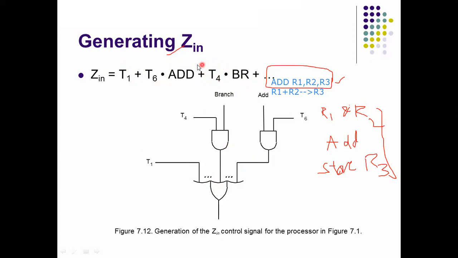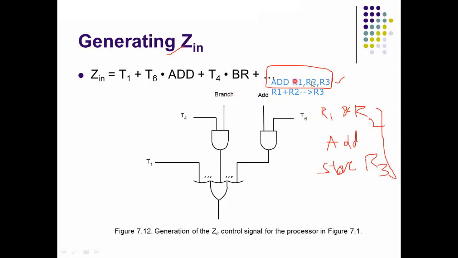These states depend on the instruction. Here we are taking T1, T6, T4 plus and so on. Why do we say and so on? Depending on the instruction type, we increase the number of steps, so the number of cycles is also incremented.